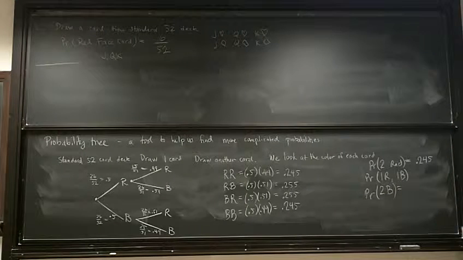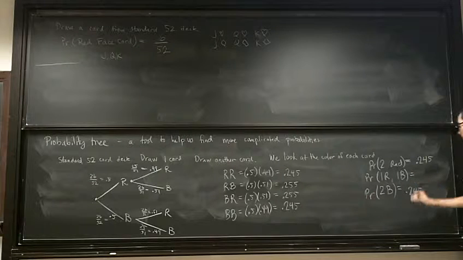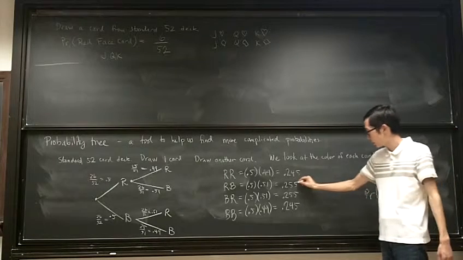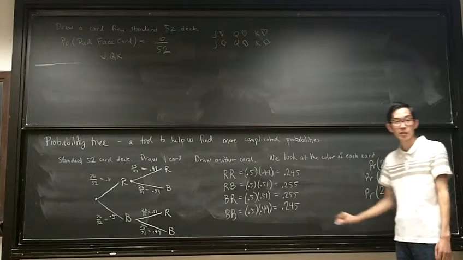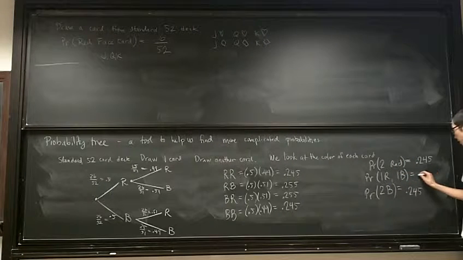Probability of 2 red is 0.245. And probability of 2 black is 0.245. And what's the probability of drawing 1 red and 1 black? 0.51. Right, this one plus this one, okay? If we're not caring about which one was first and which one was second, I would add 0.255 plus 0.255 and I'd get 0.51.